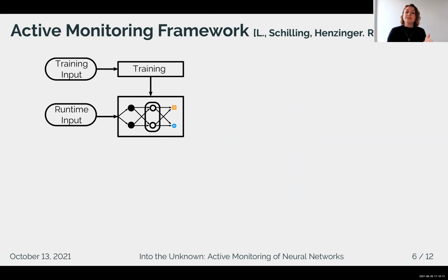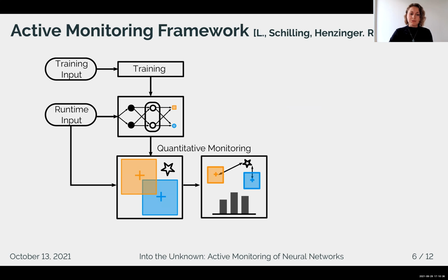So what we propose is the active monitoring framework, which we present here today. We have training data, training input, and we process this training data and train a neural network that differentiates between desired classes of inputs. And then we deploy it, and at runtime, this neural network receives runtime input. So now we propose to attach a quantitative monitor to this neural network, to this process. Why is it quantitative?